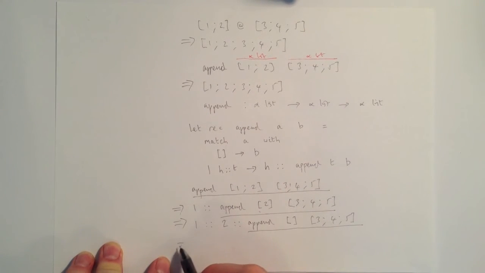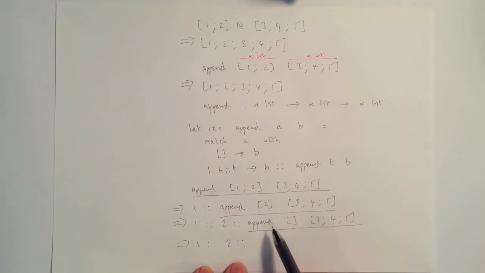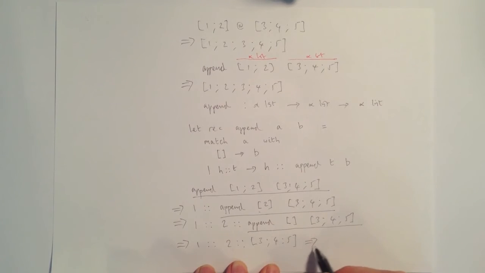Now we do have the base case, bingo. So we still have these parts here, 1, 2, and it says in our base case, if A is the empty list, then we just return B. So that's 3, 4, 5, which finally reduces to our answer, 1, 2, 3, 4, 5.